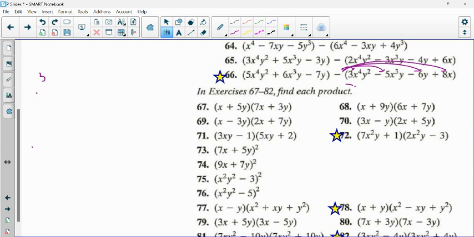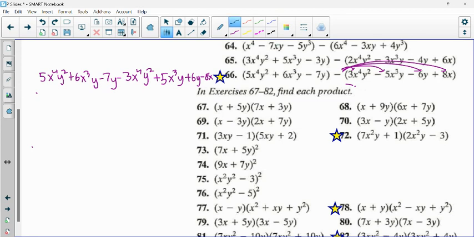So we have 5x to the fourth y squared plus 6x cubed y minus 7y, and I'm distributing that negative sign, so negative 3x to the fourth y squared plus 5x cubed y plus 6y minus 8x. Again, we're just doing the opposite sign for everything that was in parentheses there.